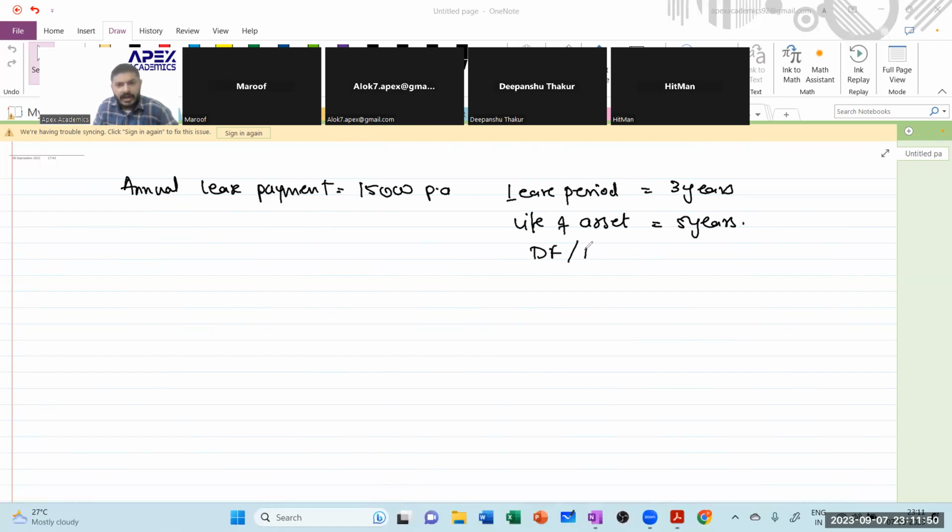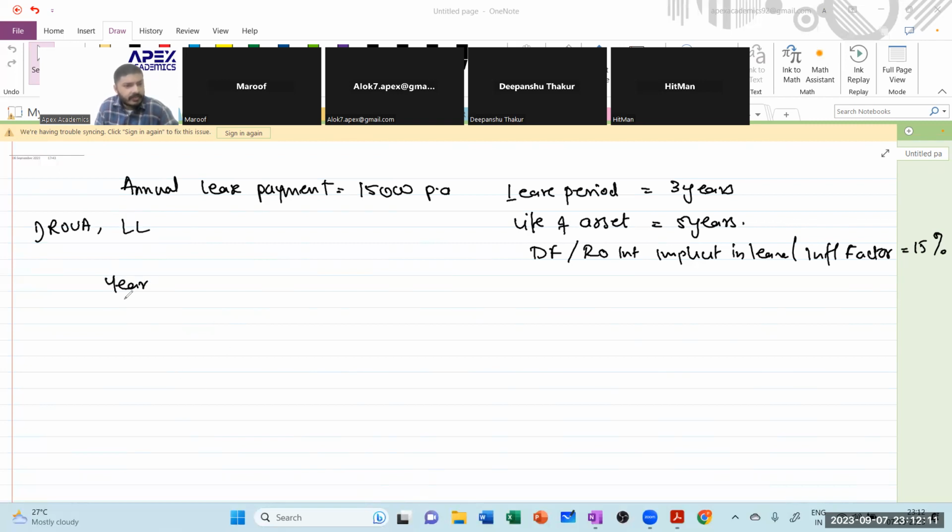Discounting factor or rate of interest implicit in lease, or inflation factor, whatever word they use, is equal to 15%. They are saying, calculate right of use asset and lease liability.